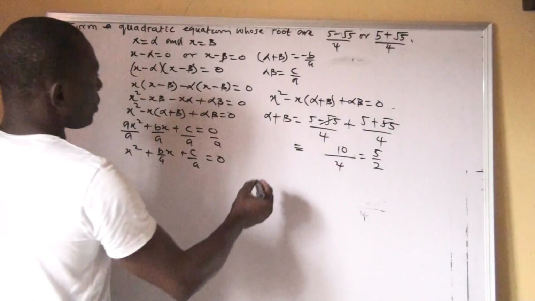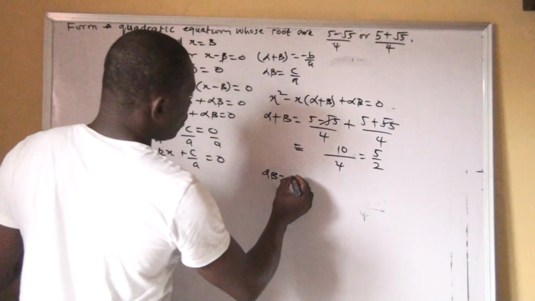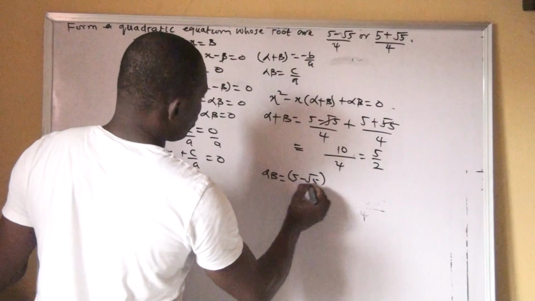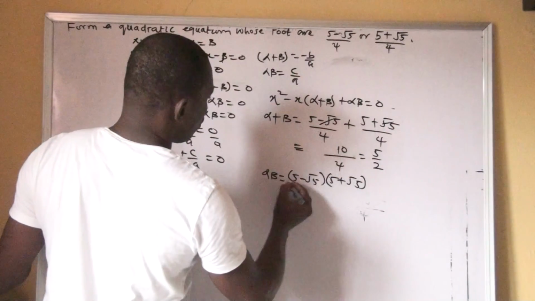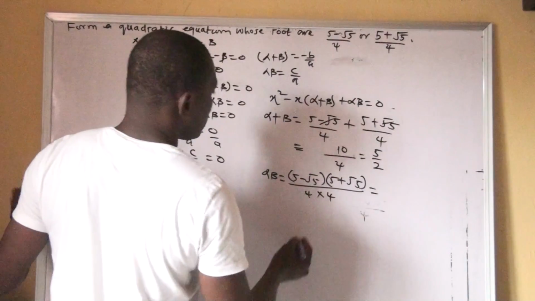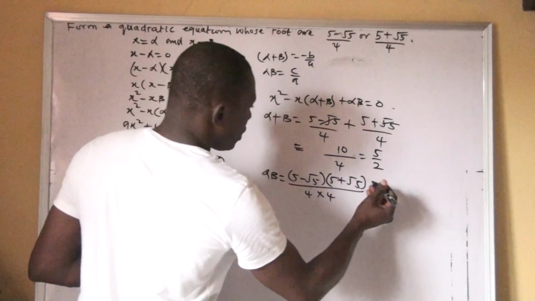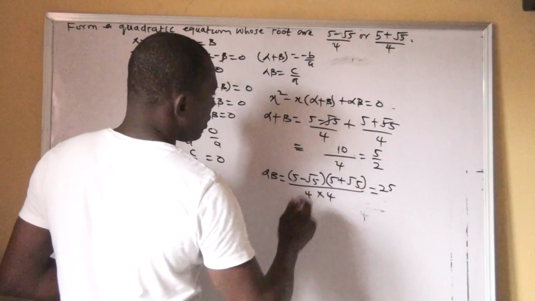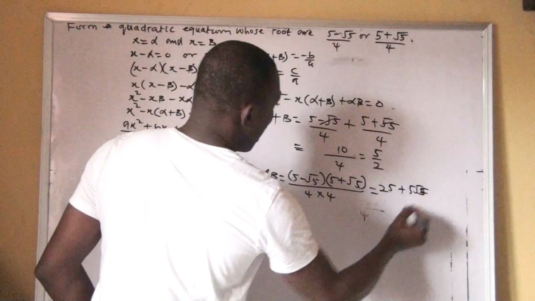Then let's look for the product, alpha beta. We are saying the product of the roots is (5 minus root 5)(5 plus root 5), everything over 4 times 4, that will give us 16. So here, 5 times 5 is 25. 5 times root 5 will give us 5 root 5.